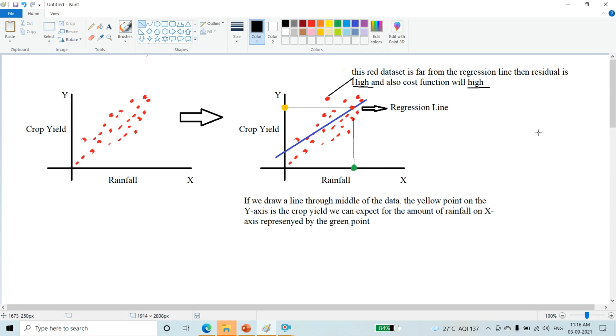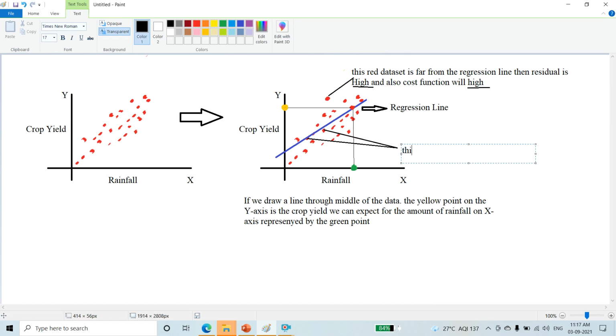But if the scatter points are close to the regression line, then the residual will be small and also the cost function is small. So here, the points close to the regression line are this one, and again if I consider this point, it is also near the regression line. These are the scatter points.